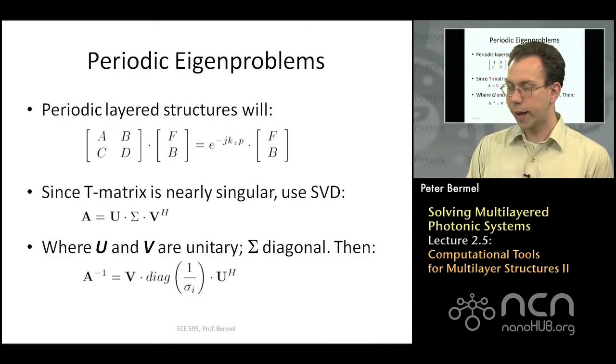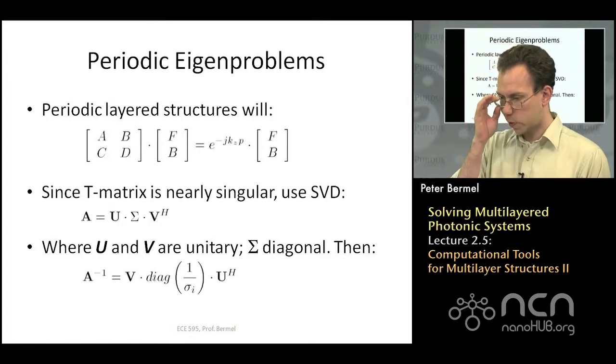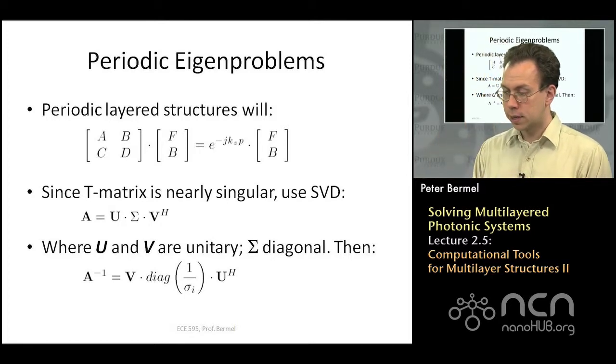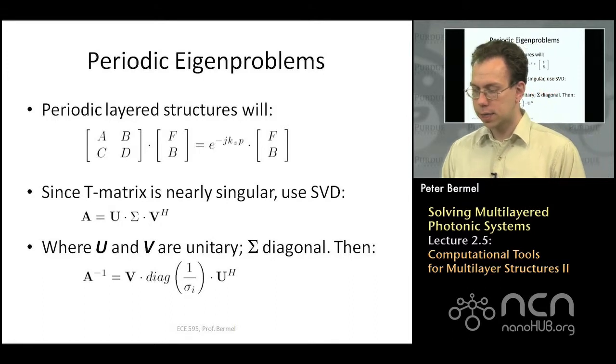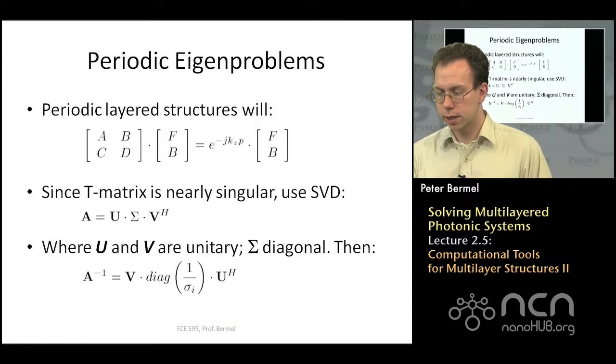If we have something in that form, then we can use what's called singular value decomposition to calculate what this A matrix will be made out of. This allows us to much more easily take the inverse of our matrix in order to properly calculate the eigenvalues and eigenvectors that we care about.